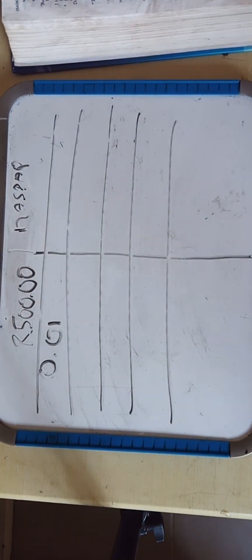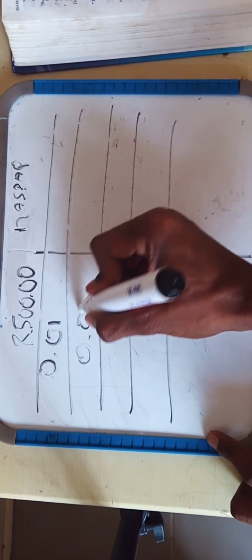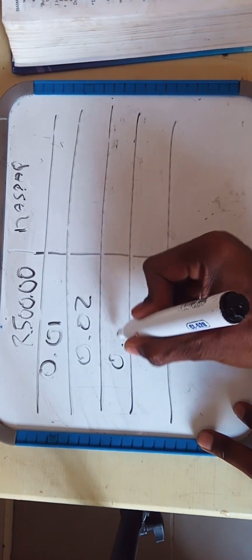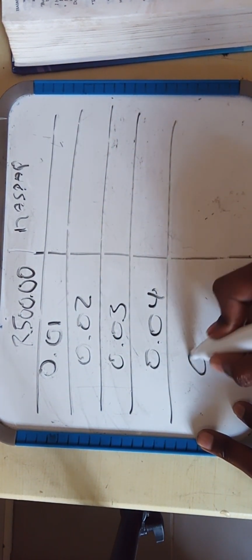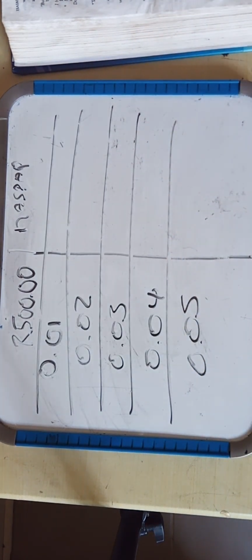The second trader will use 0.02. I'm going to show you the difference between the lot sizes, and the impact that they play on our trading journey. Okay, now the third will use 0.03, 0.04, 0.05.